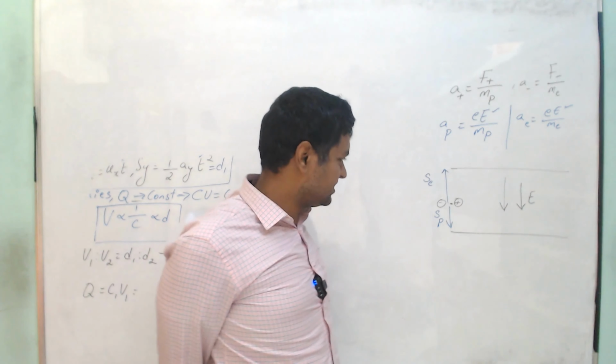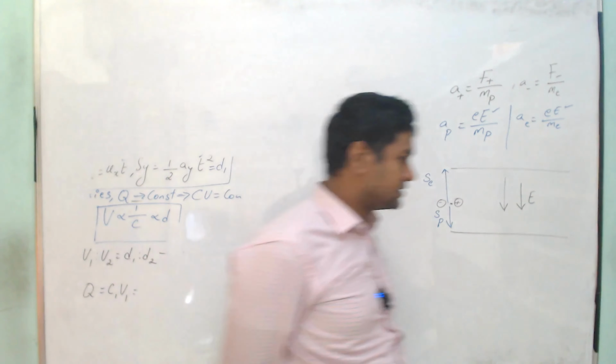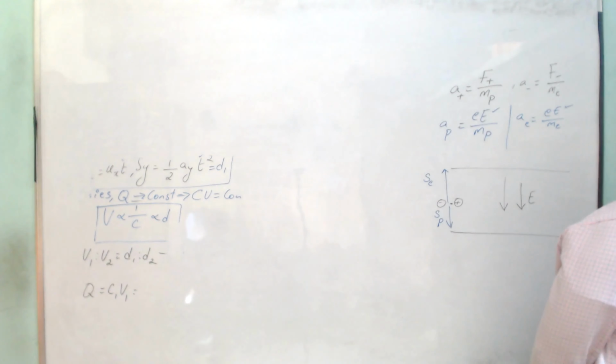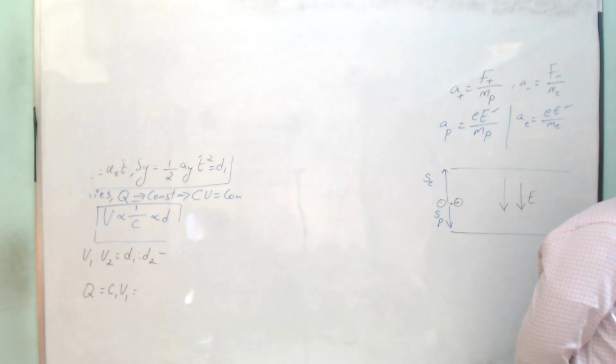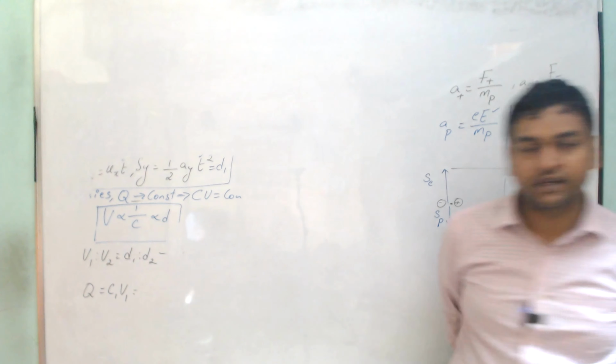Right? Now, next thing is, he is saying at what distance from the negative plate was the pair released, if both are moving at the same time.